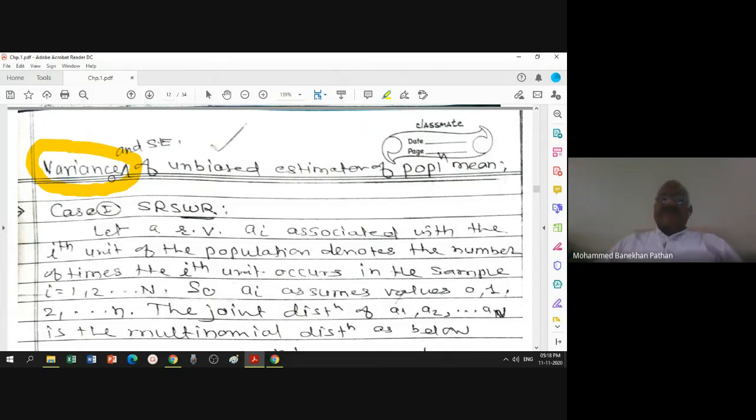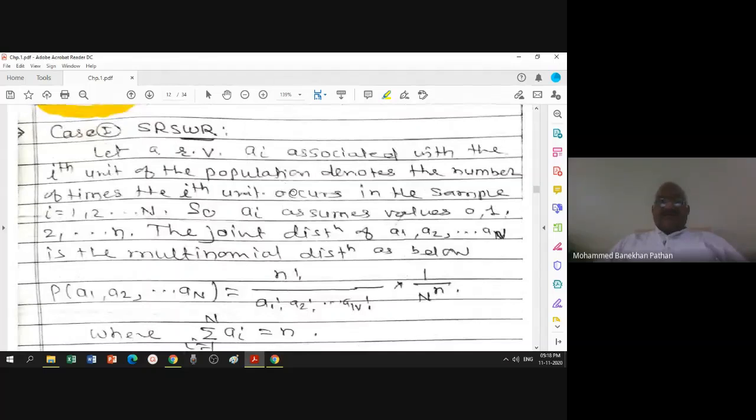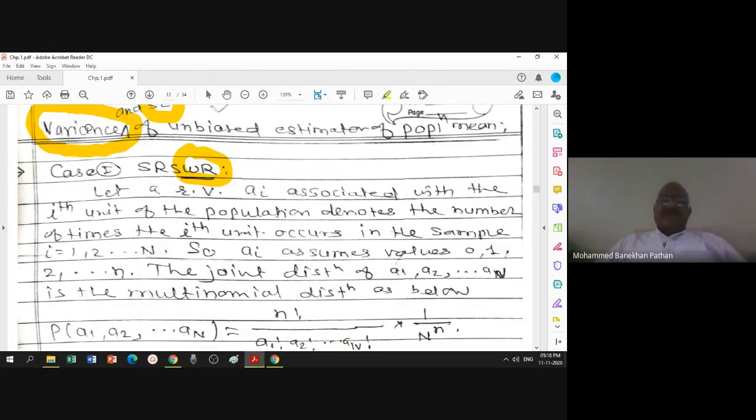After getting the variance of the sample mean, take the root, which is called the standard error. So standard error is nothing but standard deviation. Let us proceed one by one. Suppose I apply the method of sampling with replacement. What will be the variance of the sample mean?